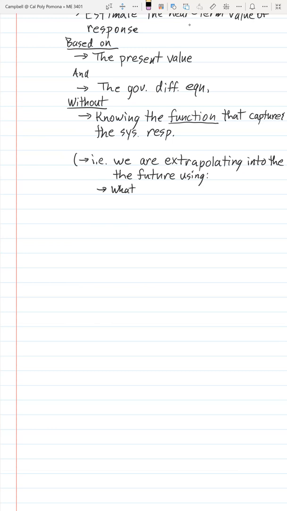So here I'm going to recapture these two bullets because we're going to bring in the idea of the derivative in a moment. What we currently know about the system response, i.e. its present value, and what we know about how the system will respond.